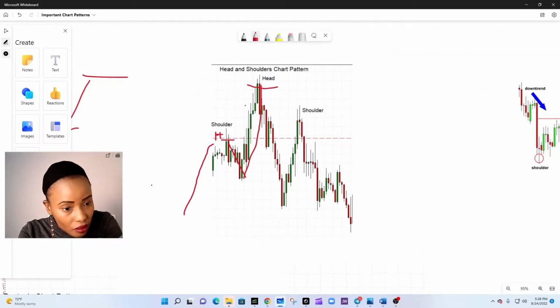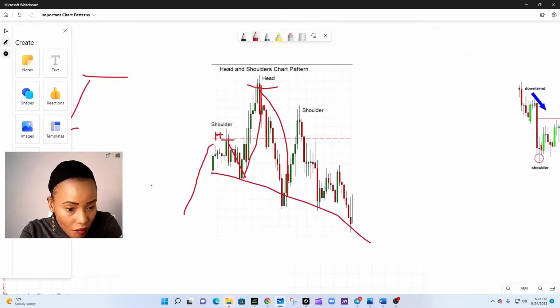Then what happened? After the second peak, price corrected again, formed sort of a neckline here and formed another peak here. So this third peak is lower than the second peak, whereas the second peak is higher than the first peak. So it has formed a shoulder, a head, and a shoulder.